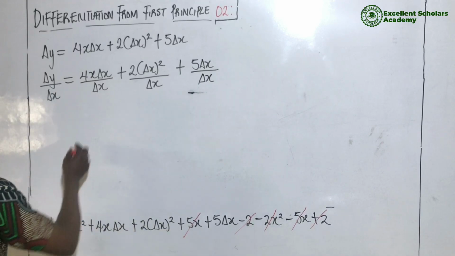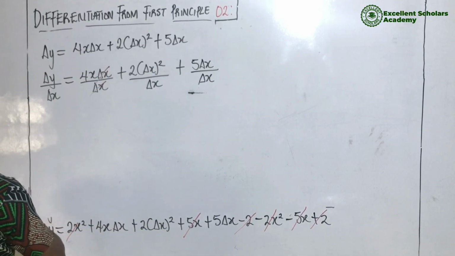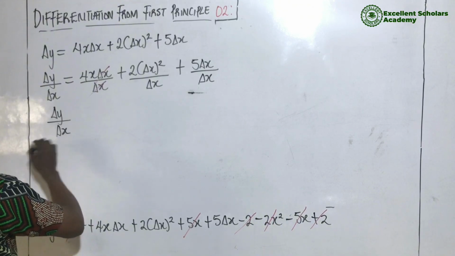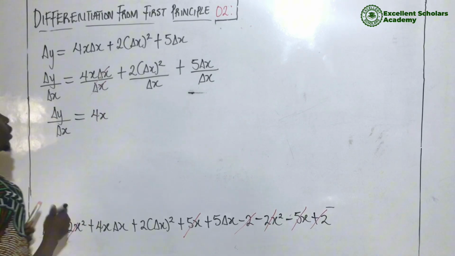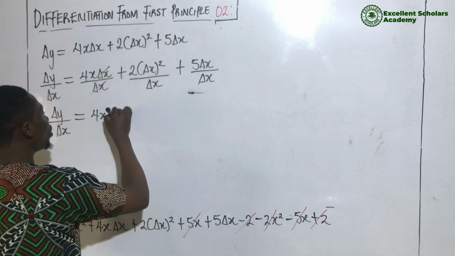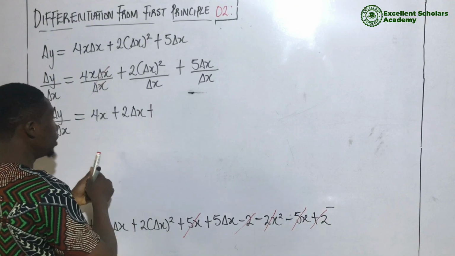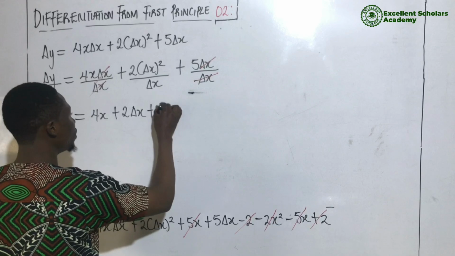One change in x takes away one change in x, change in y over change in x, sorry, equals 4x. One change in x takes away one change in x, it becomes 2 change in x plus, now this change in x takes away this change in x, we're going to have plus 5.